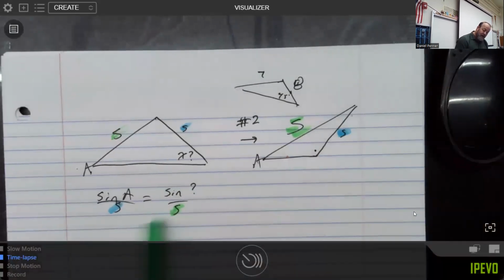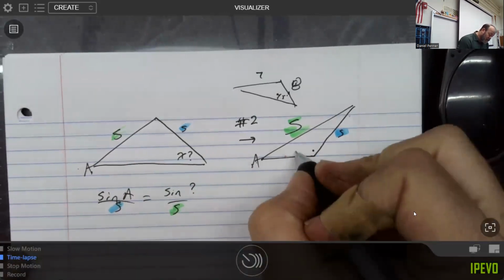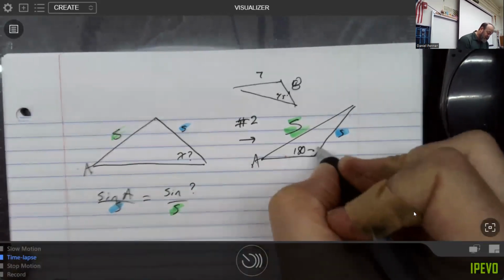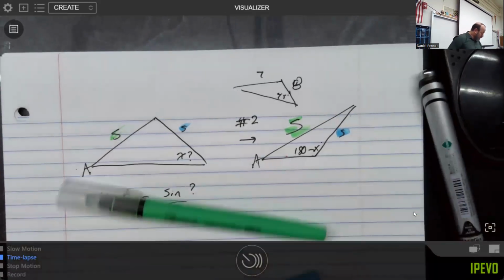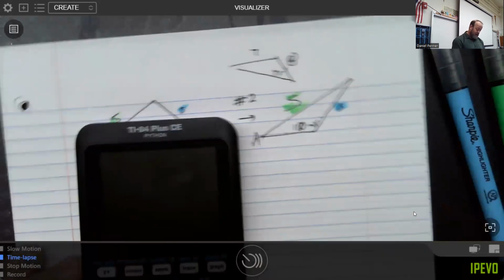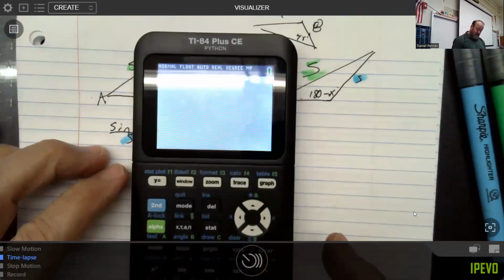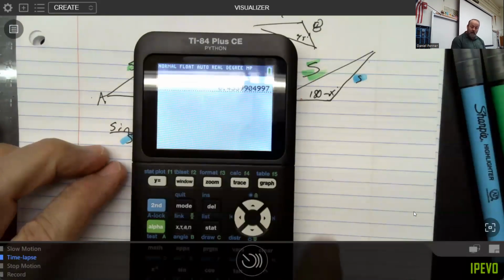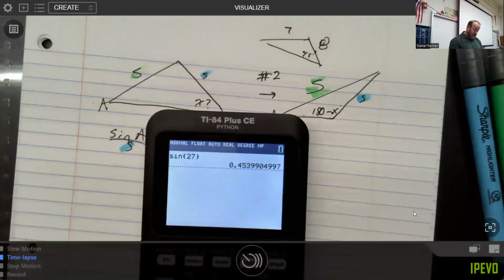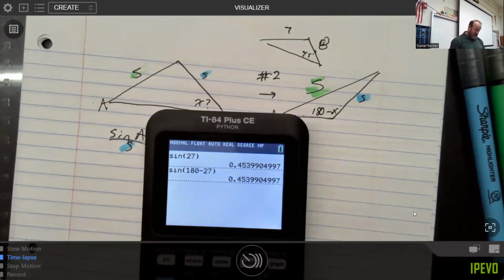As it turns out, if there is a second triangle, which is a question mark, this angle is going to be 180 minus x, because if you take the sine of any number, and it doesn't matter what that number is, say the sine of 27 degrees is some weird little decimal, not a very pleasant one. It is the same as the sine of 180 minus 27 with the exact same value.